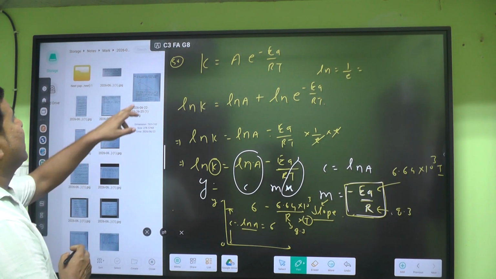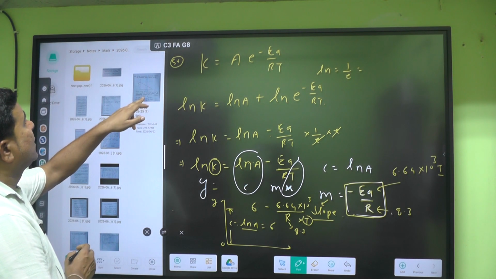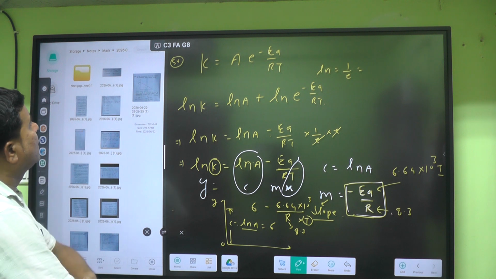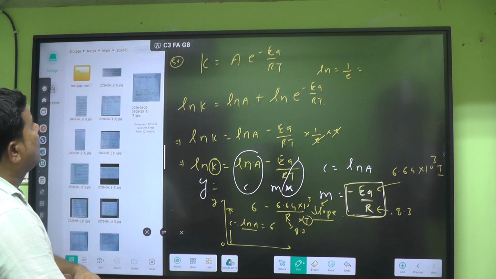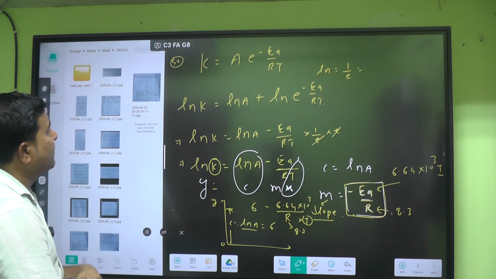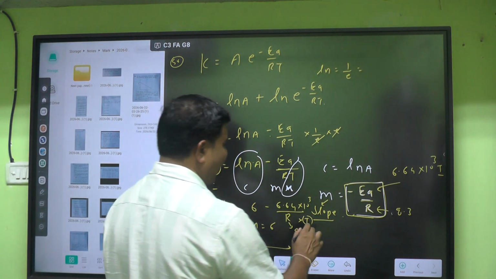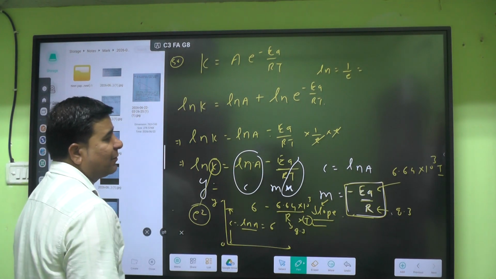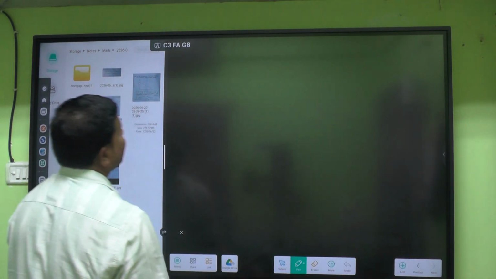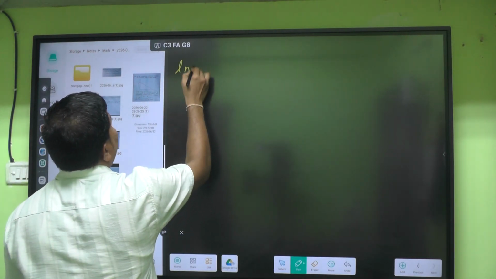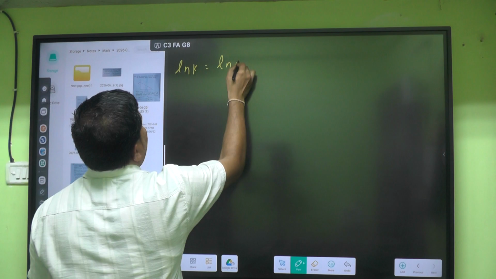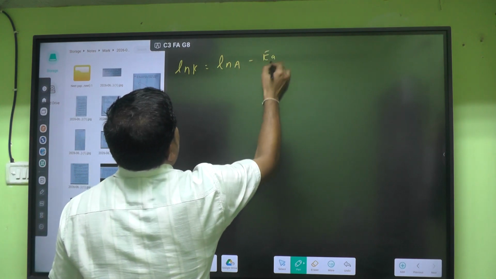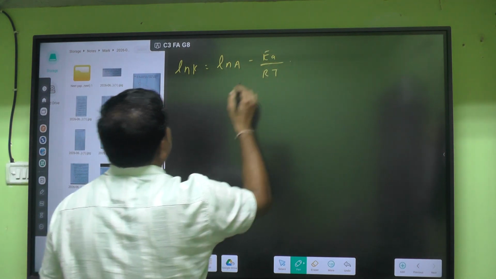We have to find the temperature, at which the rate constant becomes e squared. So put the value here. Everything is given: ln K is equal to ln A minus E upon RT.